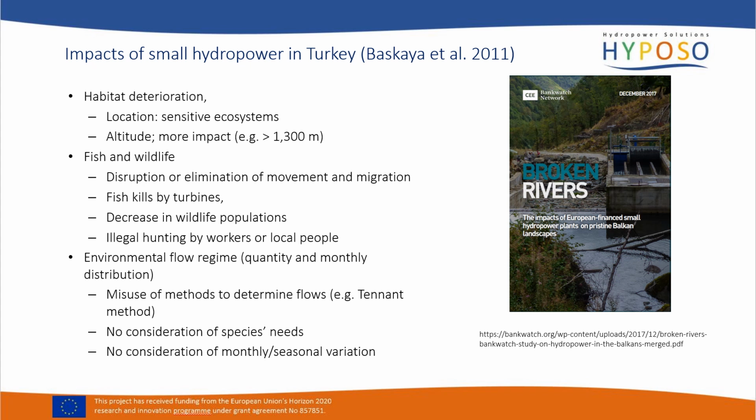And so they have identified this disruption or elimination of aquatic species, especially those that migrate upstream and downstream. Also, the mortality of fish by impacts with the turbines. In general, there has been decreases in populations of wildlife species.